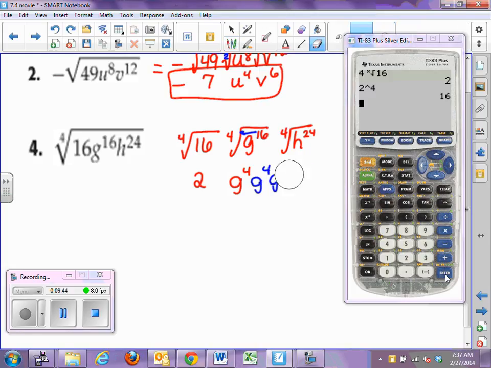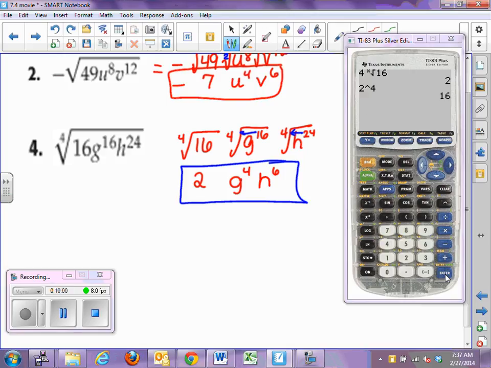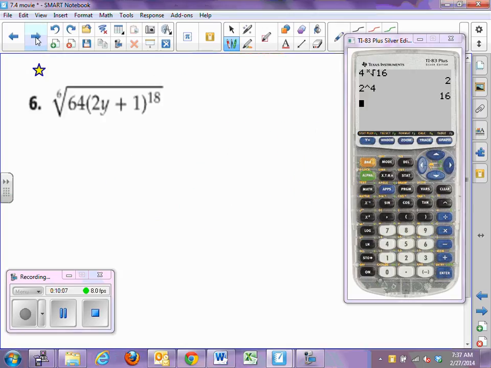Yep. Okay, what about this next one? It's going to be h to the 6th. What did I do? Again, the shortcut. 24 divided by 4. And there's our answer. So this times itself 4 times would give me this. That's basically what it was asking me for.